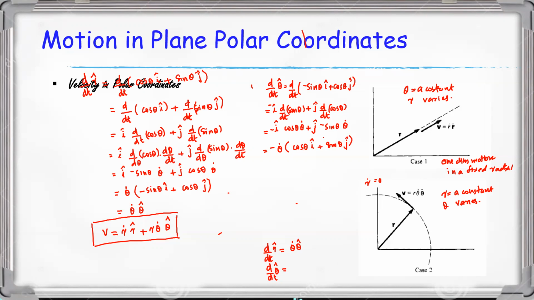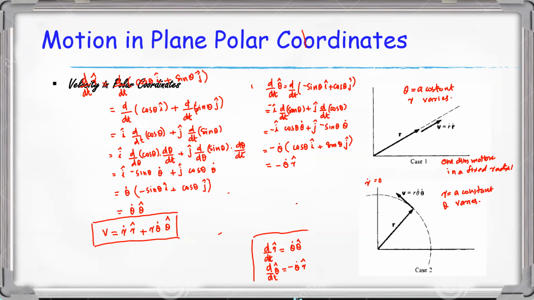Cos theta i plus sine theta j is what? It is r cap, then minus theta dot r cap. So d by dt of theta cap is equal to minus theta dot r cap.